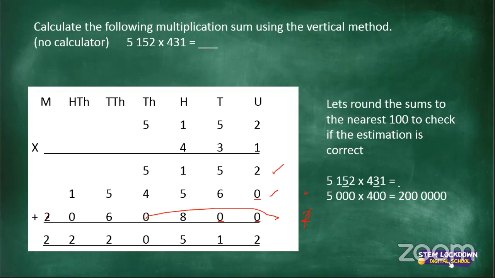Okay, so now what we did was we multiplied our top number with the 100. So that step is done. So what we do now is we're going to add the units column. We're going to add the tens column.